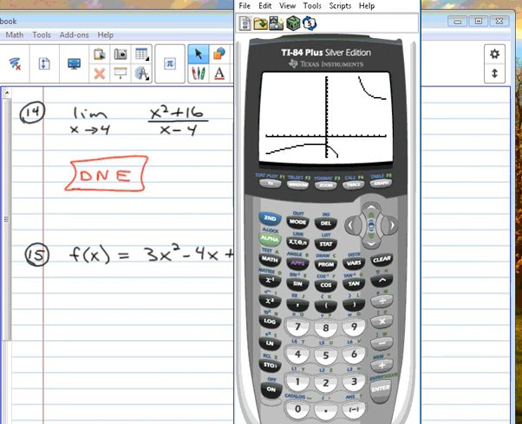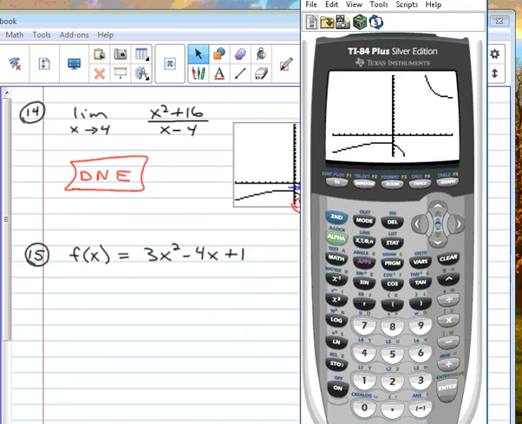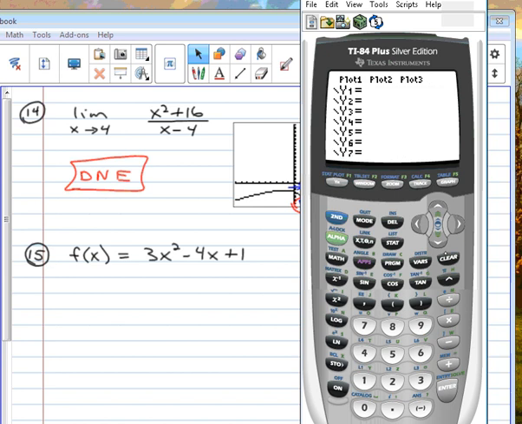What you need to do is enter this equation in the y sub 1 spot: 3x squared minus 4x plus 1. I have to have that equation in the y sub 1.